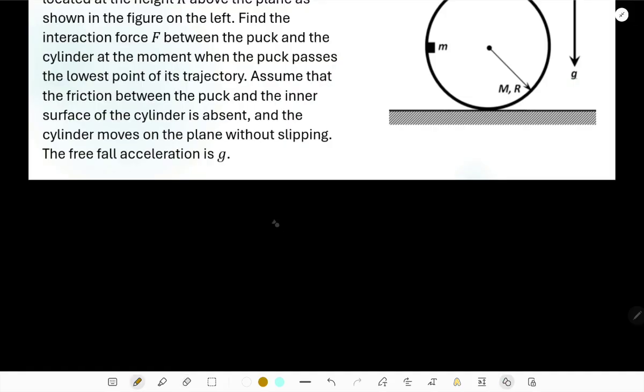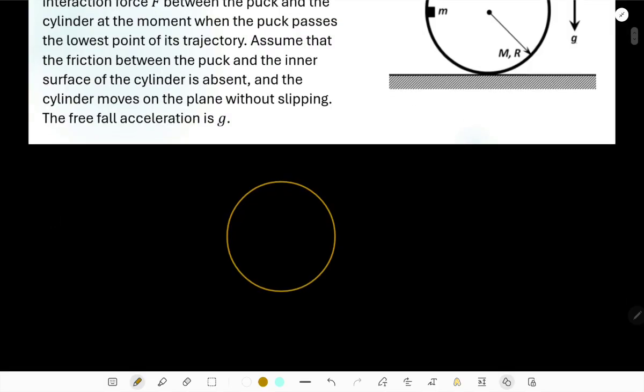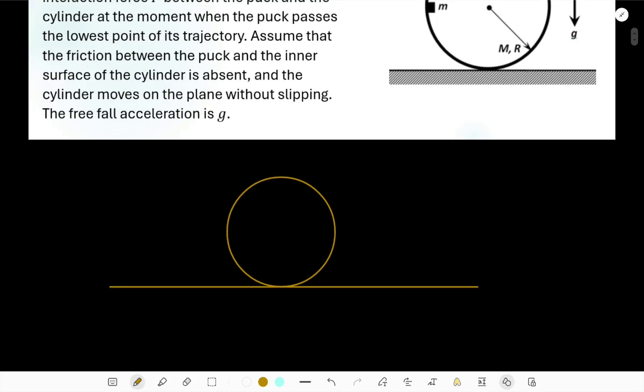Let's say we have a cylinder like this, and there is a horizontal surface beneath it, and the puck position, I would like to give it a position here. The puck is somewhere here, came down, and this is a vertical line.